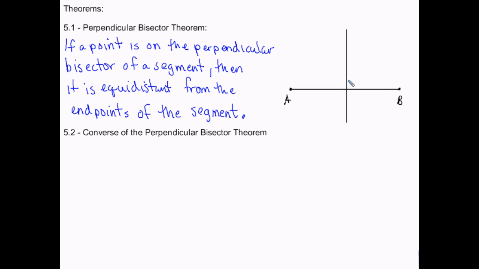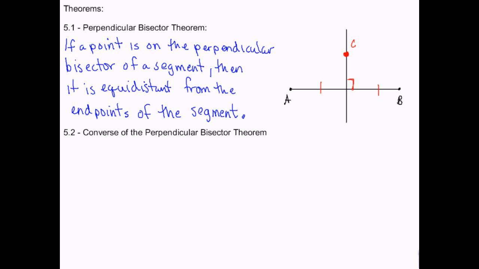We have a perpendicular bisector, so we're cut in half. And we pick any point anywhere on this bisector. It can be up top here, it can be down here, anywhere at all. But if we pick some point on the bisector, then that point is going to be equally distant to both A and B.